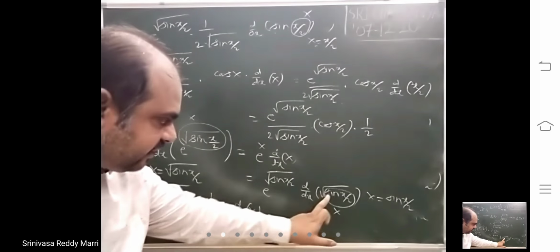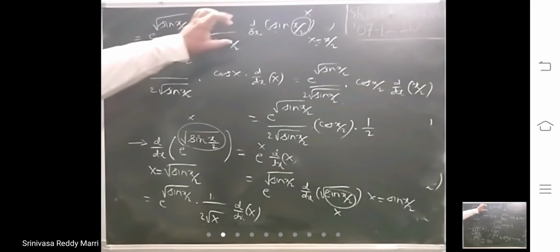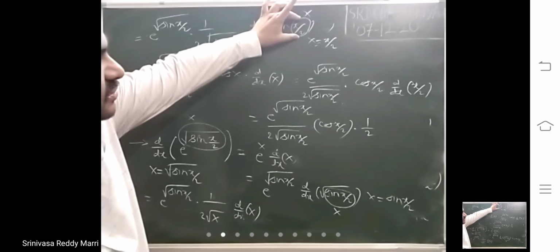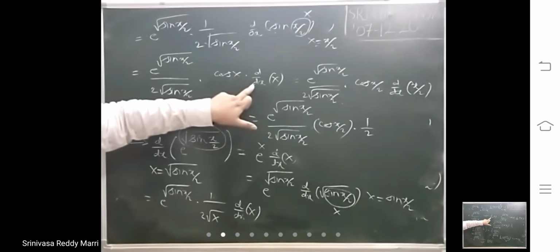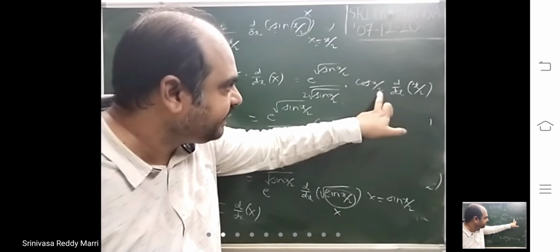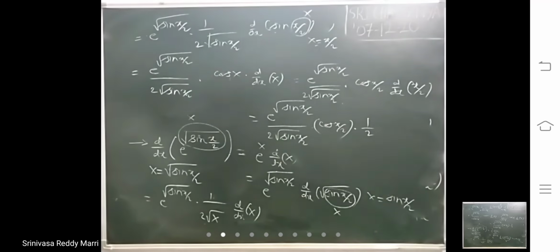Whenever you write the rule, you write d by dx of capital X, with capital X substituted. Then I got d by dx of sin x by 2. You have the rule for sin x, so capital X is this. Again sin x is written as cos x into d by dx of capital X. So capital X substituted, x by 2. Then finally you got the standard rule. Differentiation is over.